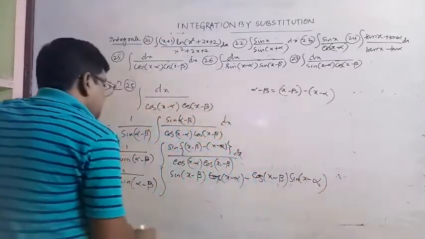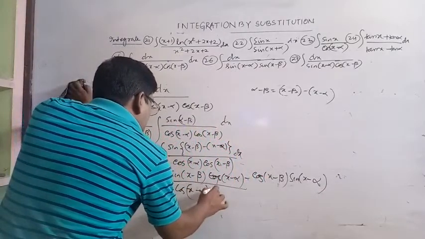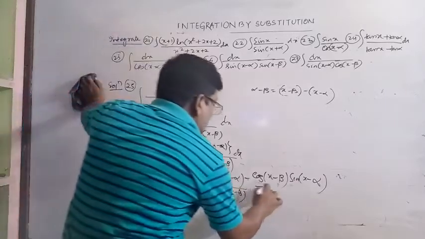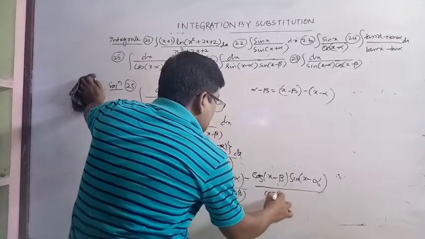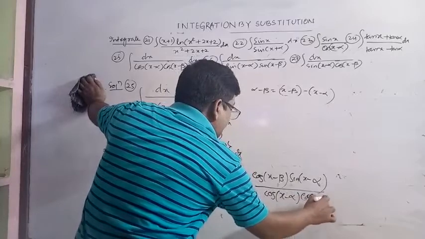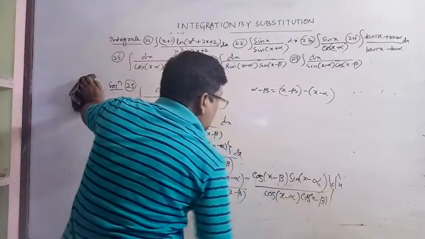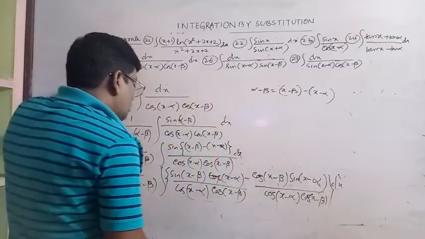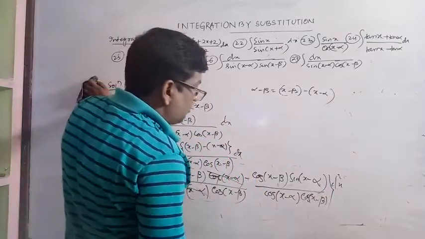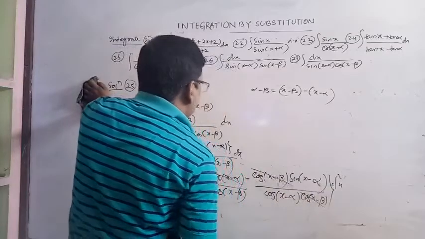So divide by cos(x − alpha) into cos(x − beta), whole dx. What will be cancelled here? Cos(x − alpha) cancelled here, and here cos(x − beta) cancelled.